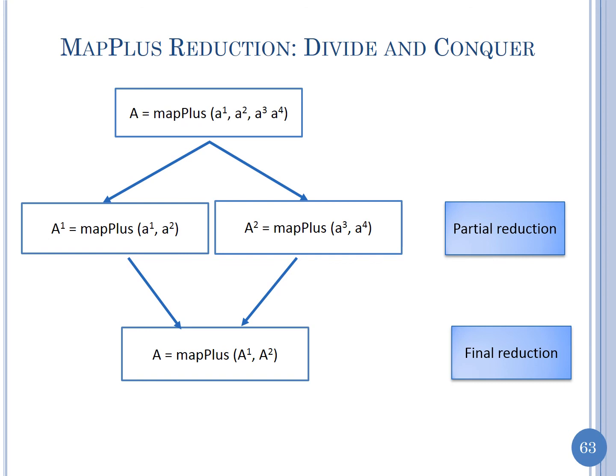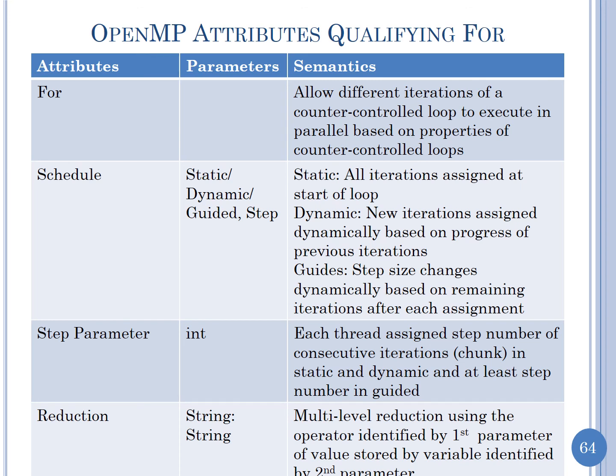So there's a notion of partial reduction. We're doing it in 2 steps in OpenMP, where the loop is first reduced partially by multiple threads, and then the main thread does a final reduction. That's the general formula, and that ended our discussion of OpenMP.